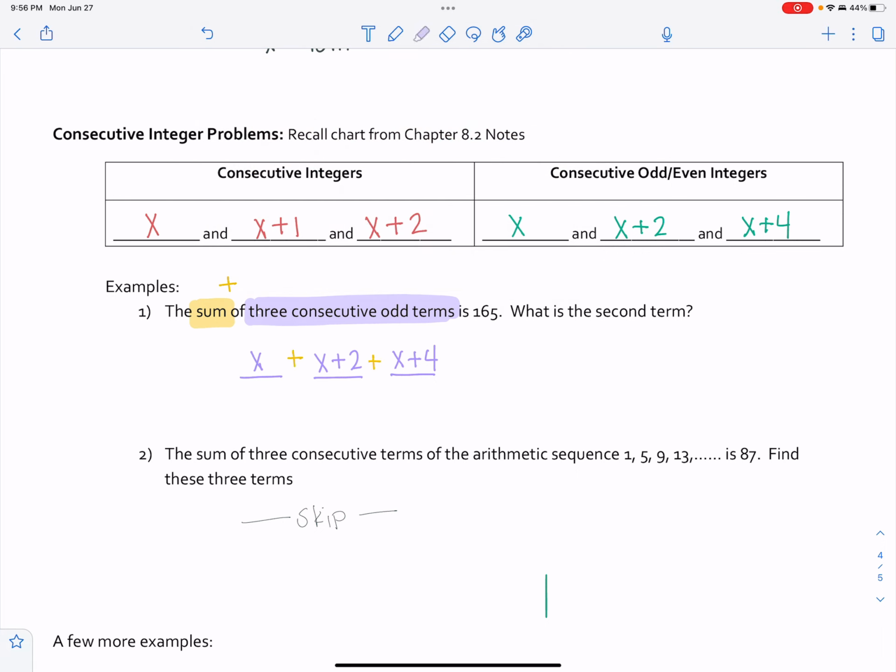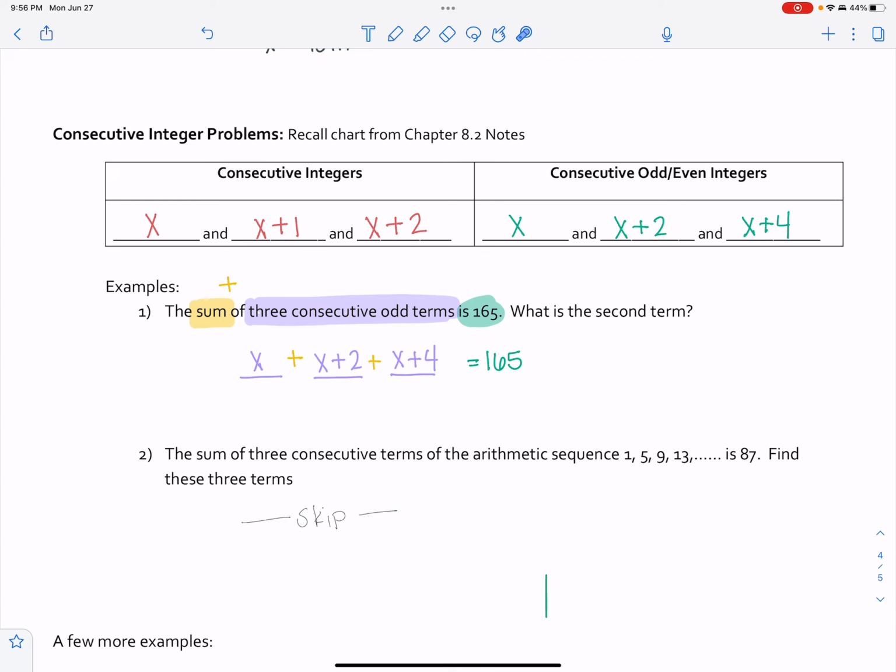And that has to be 165. So that means equals 165. Now the question says, what is the second term? So eventually when I solve for x, I'm going to then plug x in right here, because the answer to the question is, what is the second term?